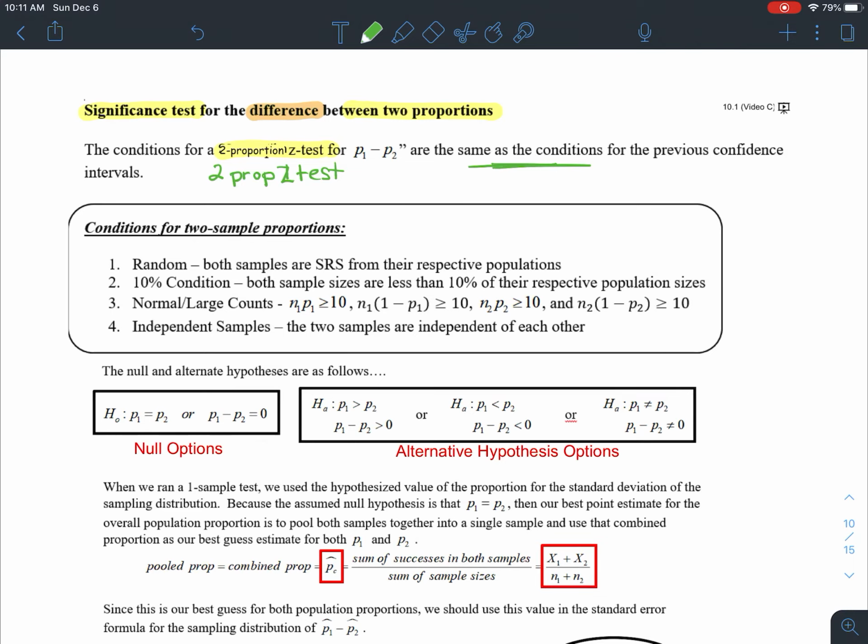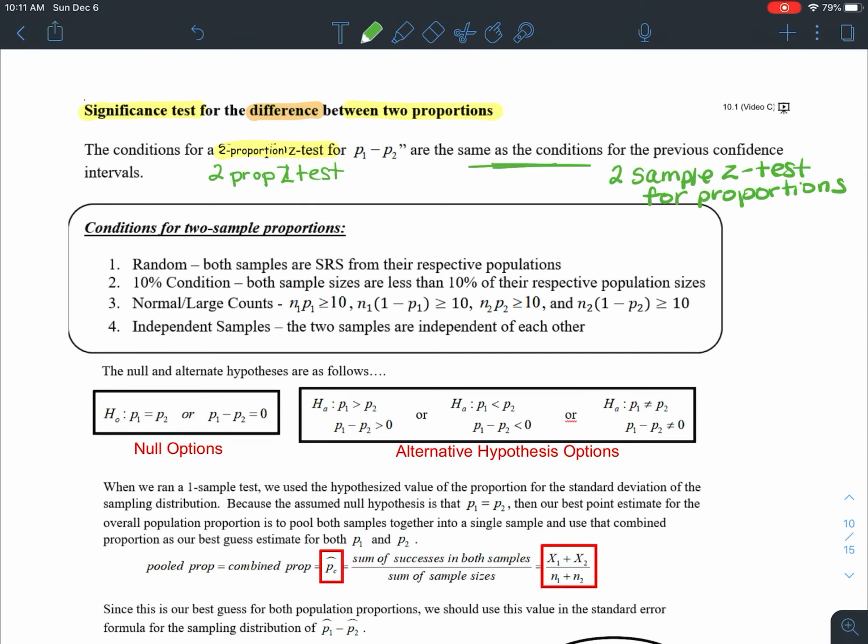Okay, now the good news is these conditions are exactly the same as they were for the previous confidence intervals that we discussed. There is an alternate name for this. Rather than a 2 proportion Z test, you could also call it a 2-sample Z test. They have to say what it's for, proportions.